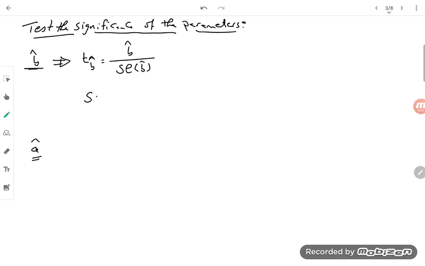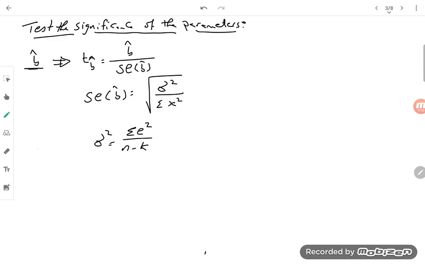And the standard error of b hat is calculated as the square root of sigma squared divided by summation small x squared, where sigma squared is calculated as summation e squared divided by n minus k, where n is the number of observations and k is the number of parameters.